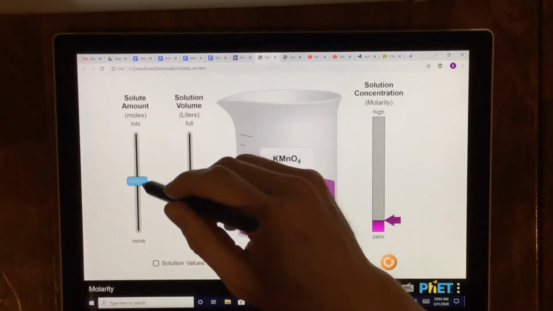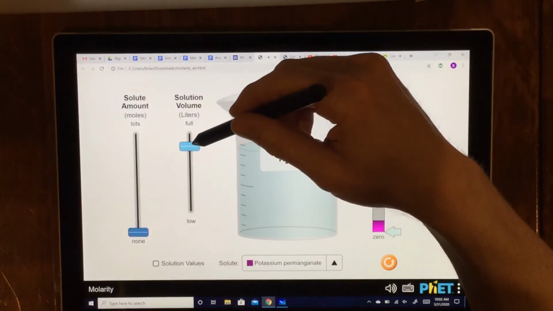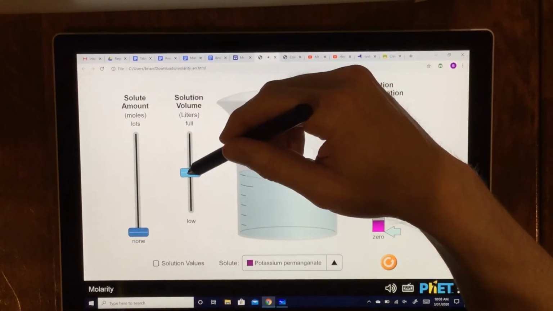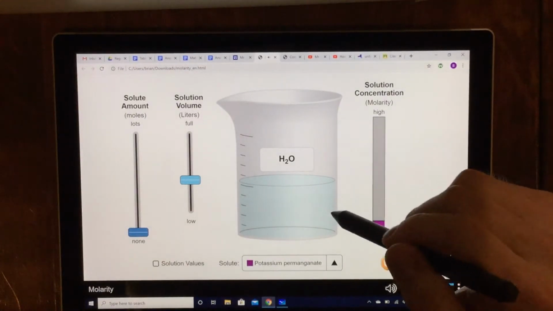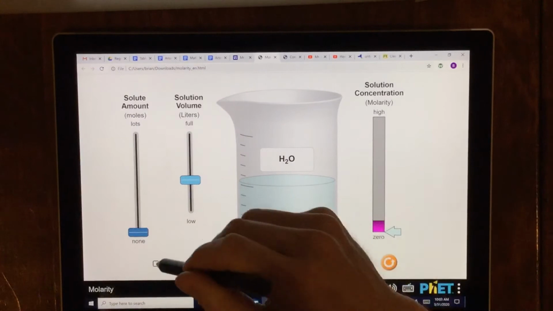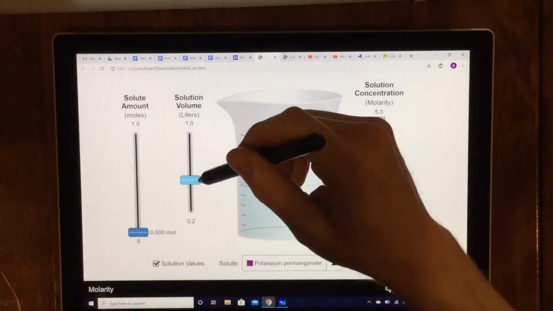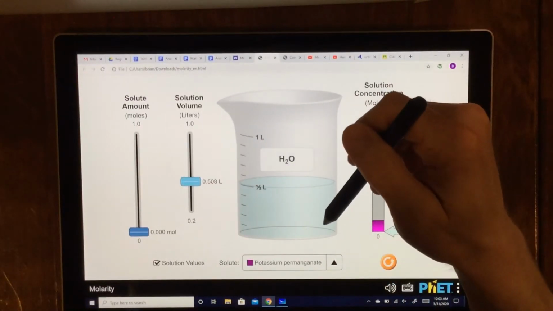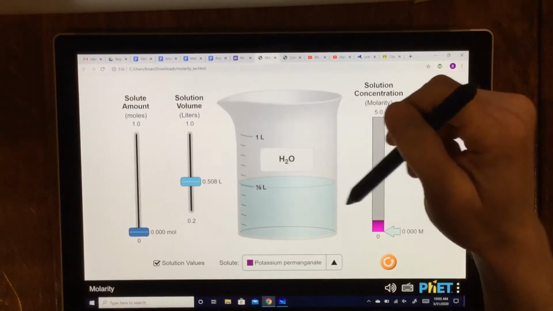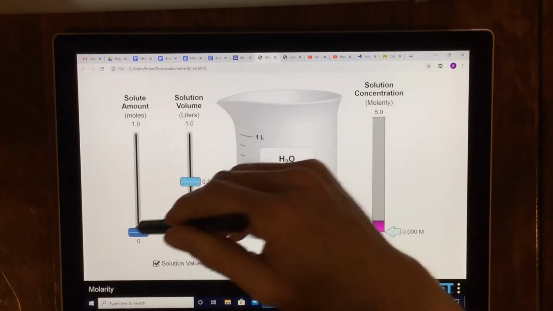All right, so we start this down. Let's say we add, well, that's fine right there. Okay, so if you have a beaker of water, and they have numbers here, we'll say we have half a liter, 500 milliliters. So you have water. The concentration is 0, meaning you haven't added anything, right?